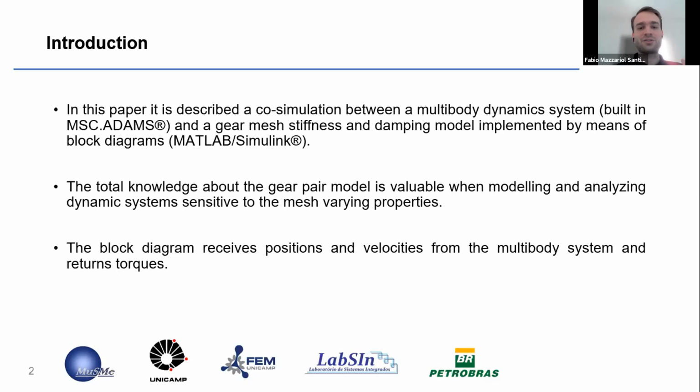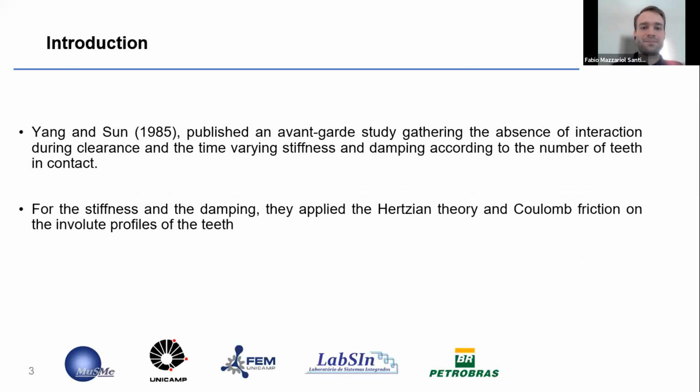So we started to use MATLAB Simulink and diagram blocks to model not only our control parts, but also our transmission parts. We decided to use a very simple elementary model of gearing, the one proposed by Yang and Sun.